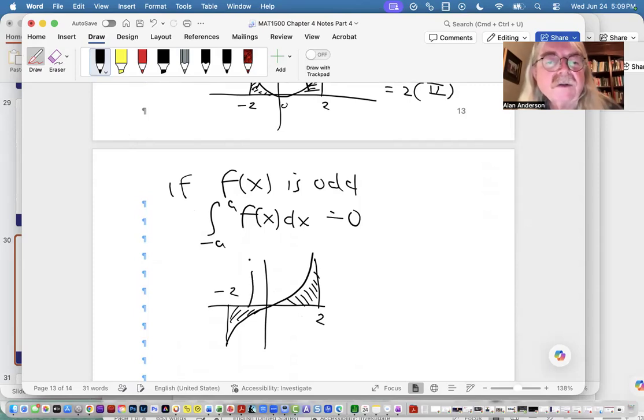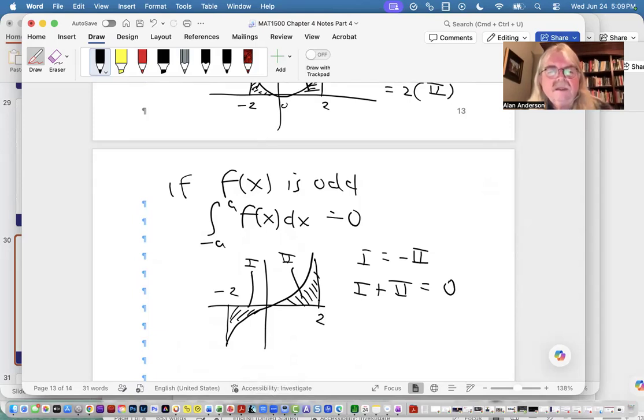So if I decide to call this area 1 and 2 again, now remember, when you're under the horizontal axis, the area is negative. So that means that 1 is negative pi over 2, which means that their sum is 0. We mentioned this earlier, but with an odd function, the sum is going to exactly equal 0. So we can't interpret it as a total area. But what we do know is that that's because half of it is positive and half of it is negative.